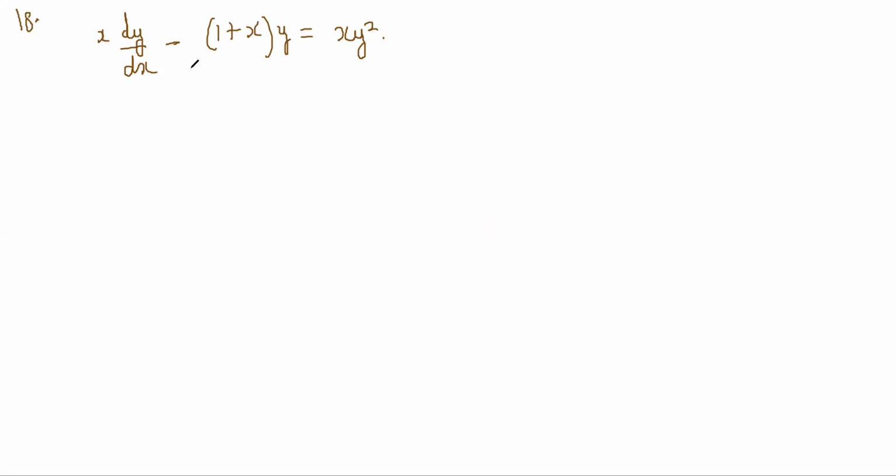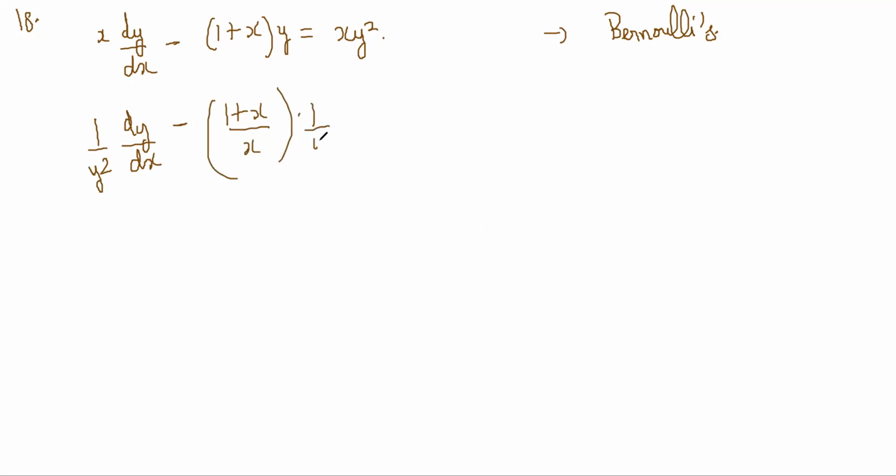Now it looks like Bernoulli's form. It looks very close to the first order linear equation form, but there is a y square here. So I would do dy by dx and divide by x also. So 1 by y square dy by dx minus 1 plus x by x into 1 by y is equal to 1 by x.